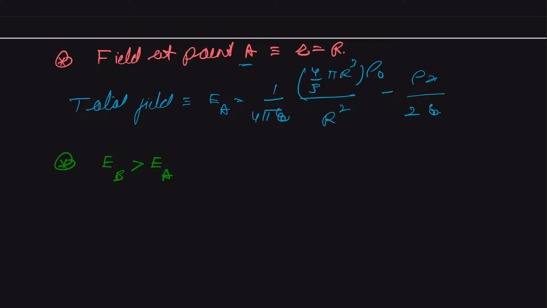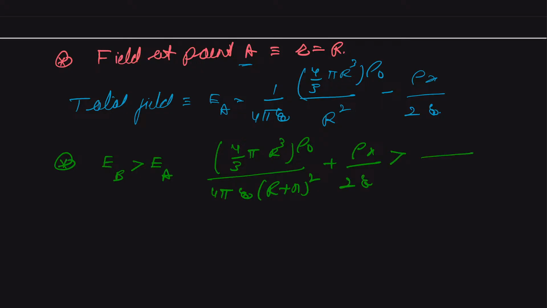So we simply substitute the formulas, and that is our 4 by 3 pi r cube times rho naught divided by 4 pi epsilon naught (r plus x) whole square, plus rho x over 2 epsilon naught, should be greater than 4 by 3 pi r cube rho naught r square over 4 pi epsilon naught, minus rho x upon 2 epsilon naught.